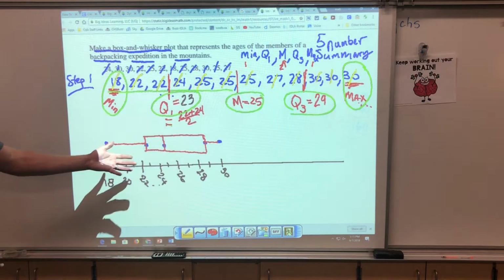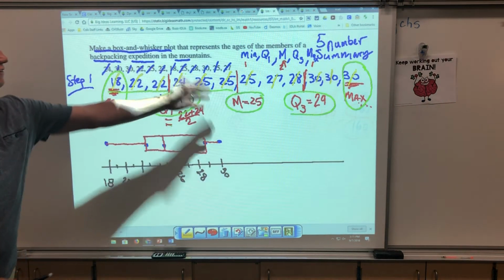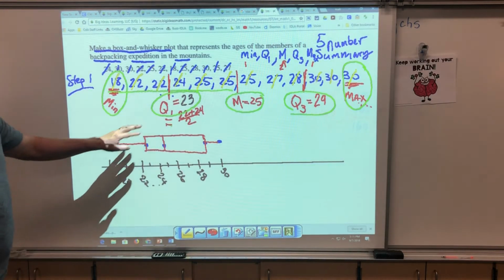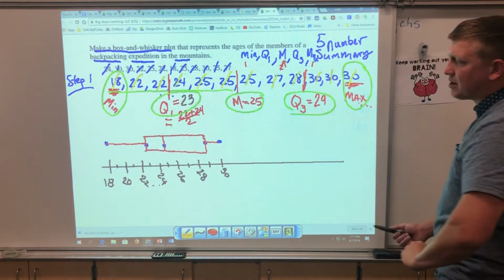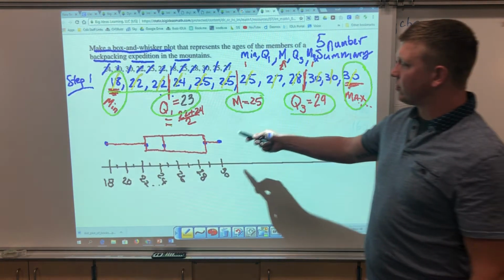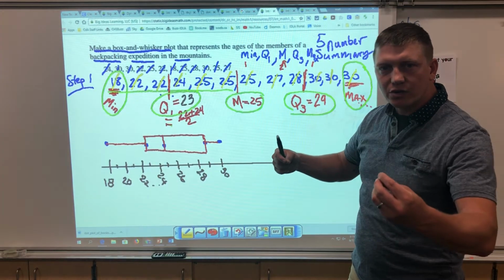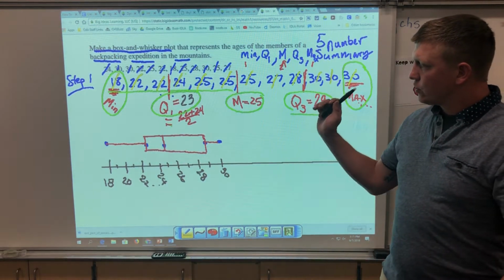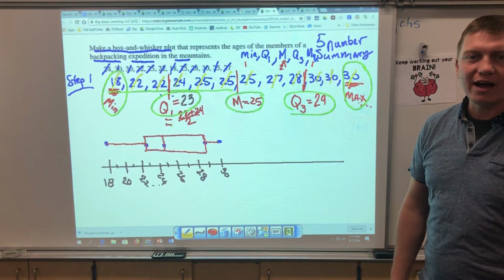More important, we're done. That's it. So put your 5 number summary on there. After you've analyzed all the data, put on your minimum, quartile 1, median, quartile 3, and your maximum numbers. Then you're going to plot it with your dots, connect your box, and then make your little whiskers on the end.